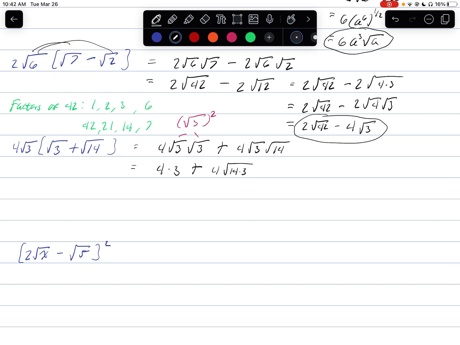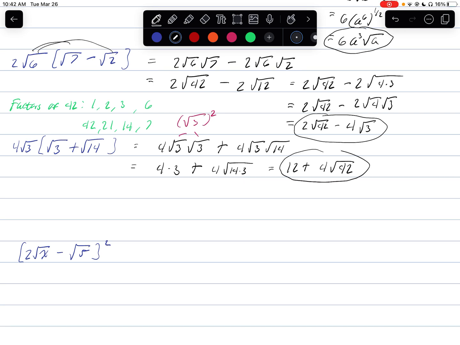Okay, and that's going to give us 12 plus 4 times the square root of 42, and we already established that we can't simplify that any further. So this is probably about as simple as you're going to make this problem, okay? I don't think you're going to get a whole heck of a lot better than that.